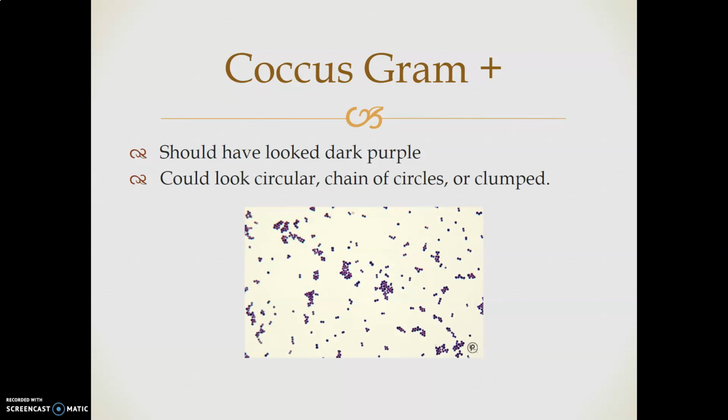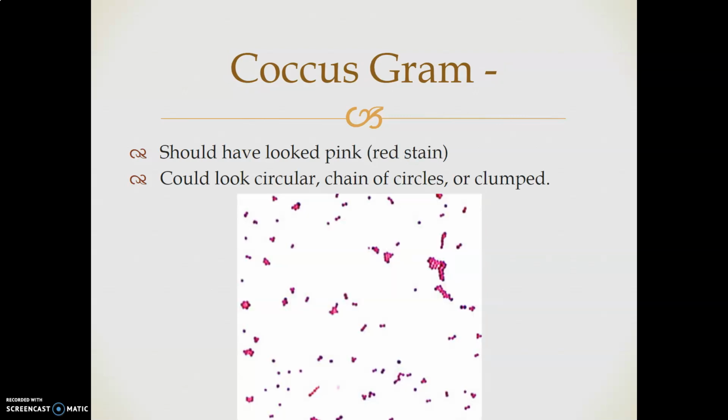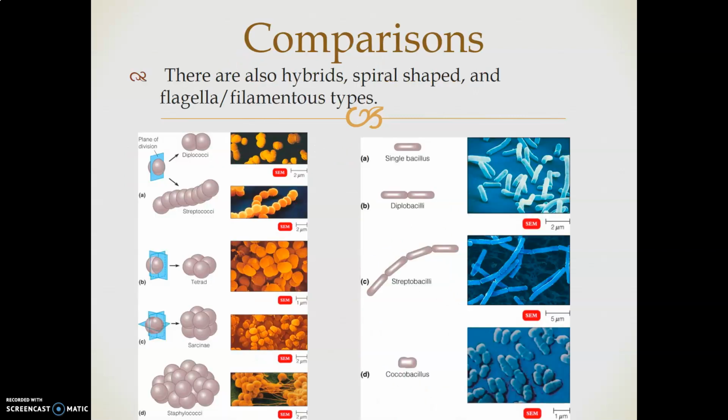If it's dark purple, it's gram positive, and it's going to be relatively harmless to you in most cases. Gram negative is going to be pink. There are also some hybrid spiral-shaped, flagella, filamentous types. For the most part, you're not going to be tested on this. This is just for you to know.